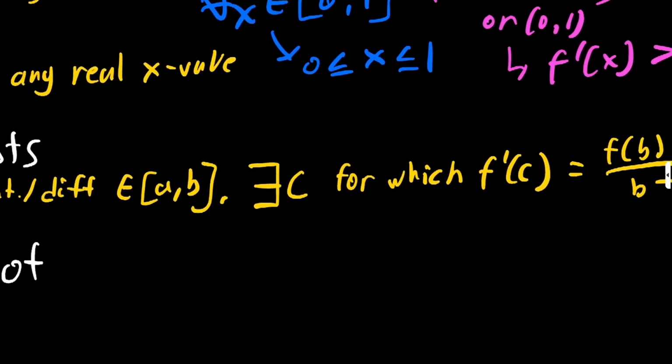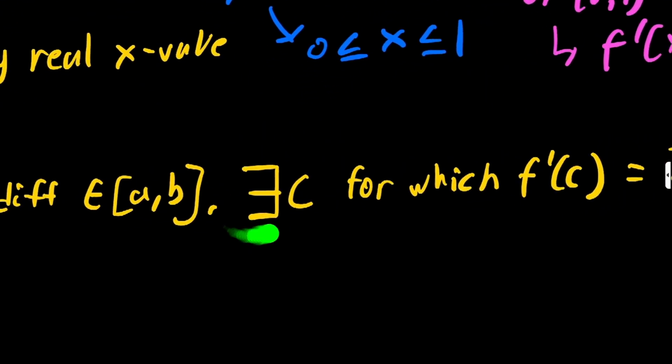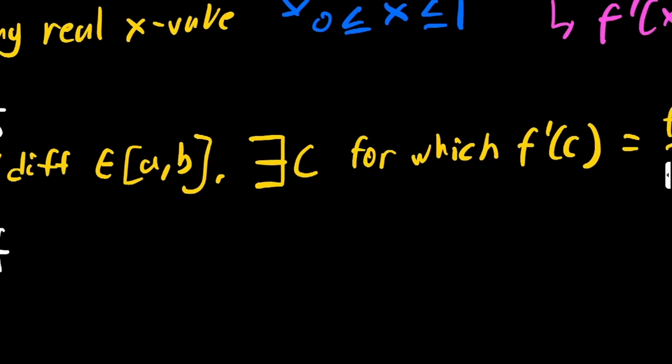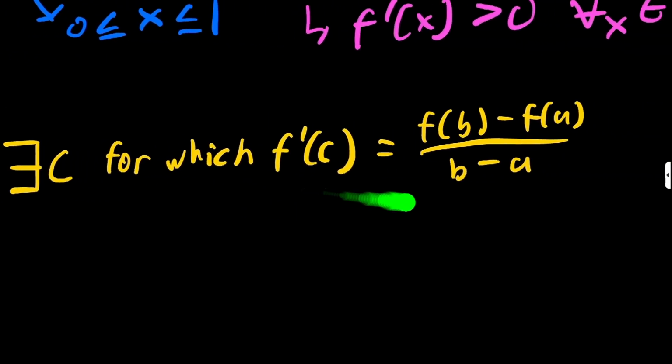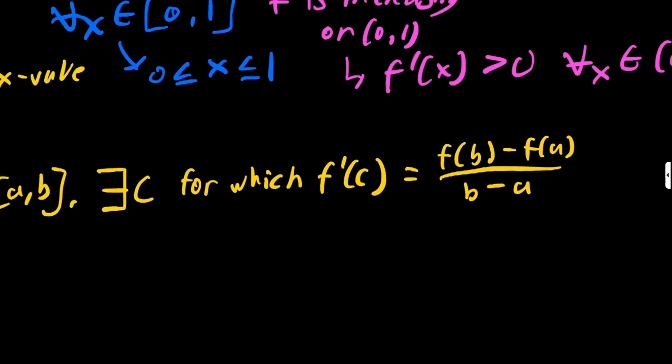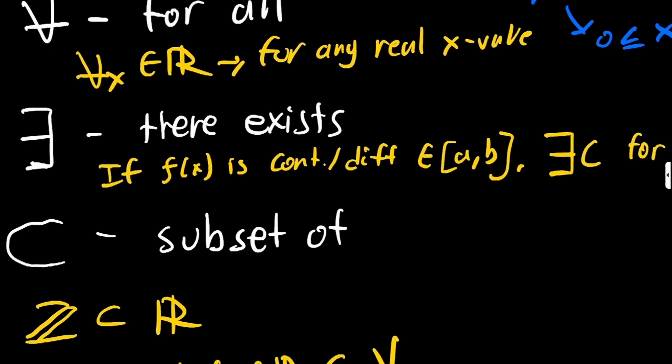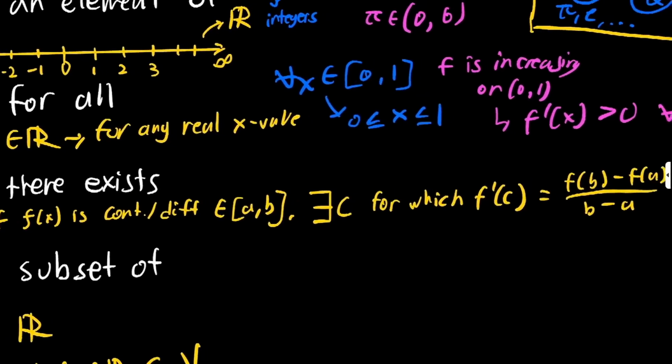So notice instead of saying there exists, we can simply write this, and that will tell us that there is some value for c for which this condition is true if these conditions are met. So there's how to write the mean value theorem.